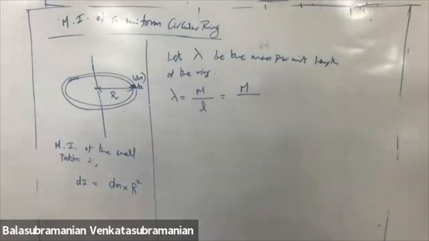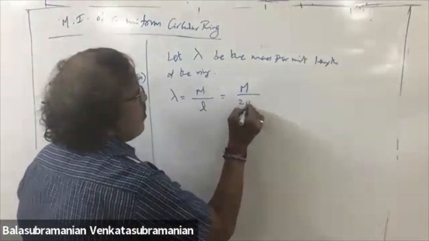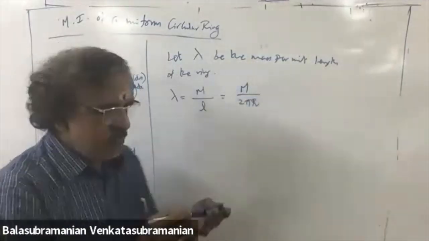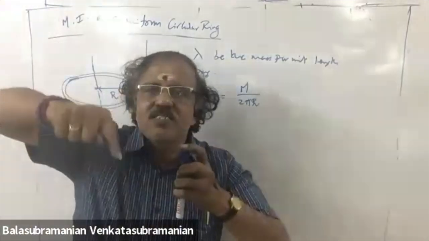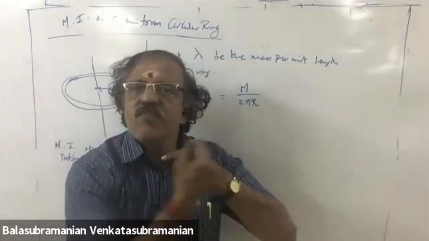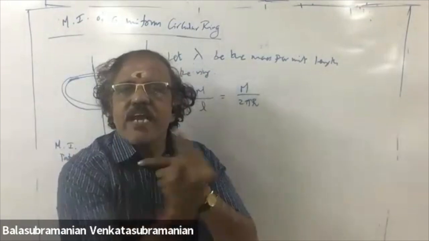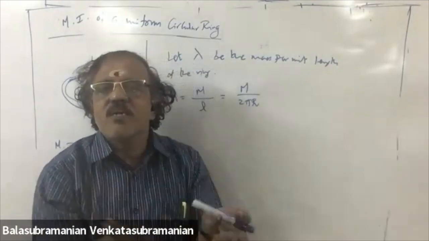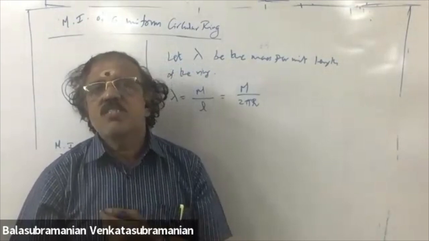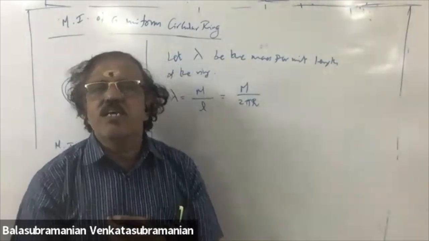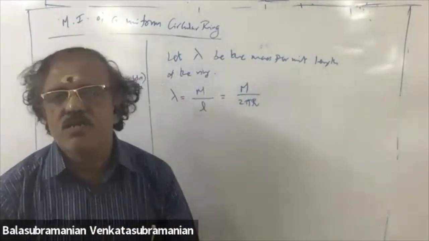The circumference here is 2 pi R. When you take the small portion of the ring, the total length becomes the circumference of the ring. So lambda is M by 2 pi R.